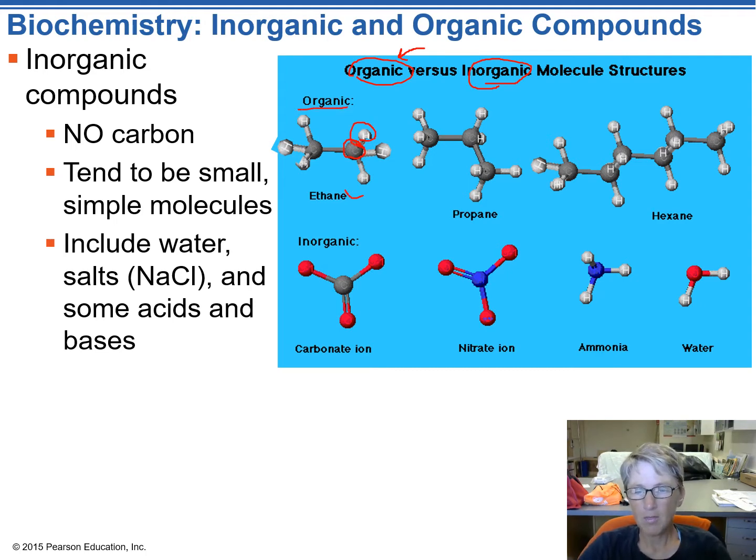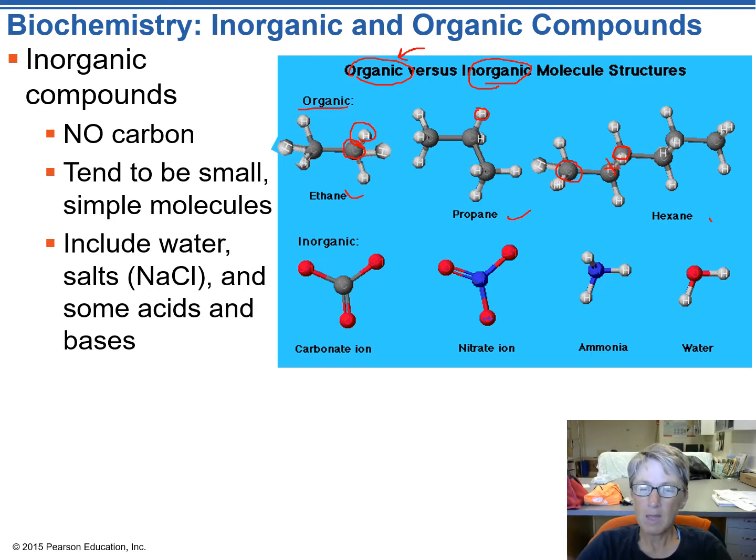So ethane, propane, hexane. These black circles are all carbons, and the smaller circles are all hydrogens. So if you are an organic molecule, you have carbon in you and hydrogen.